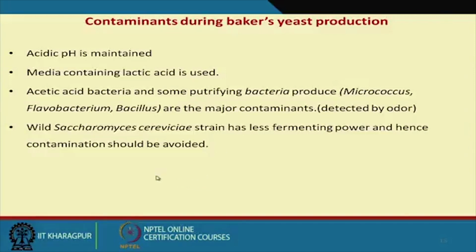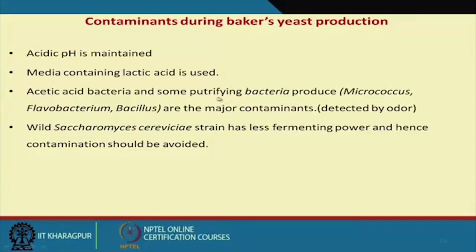Here I want to mention the putrefying bacteria. In day-to-day life, when we go out and some dead animal has been thrown in some place, we get a very foul smell. This foul smell comes mainly from the presence of putrefying bacteria, which produce a lot of protease enzyme.